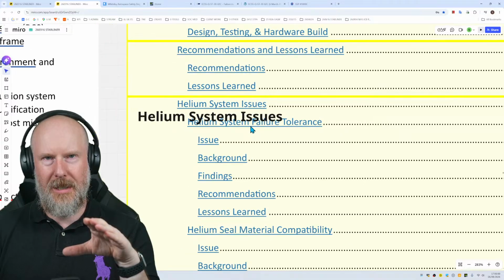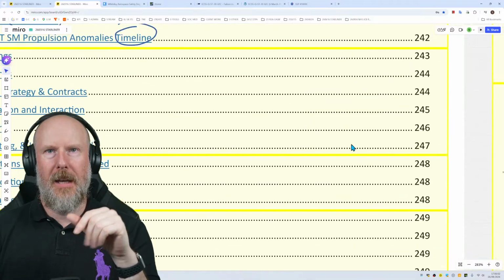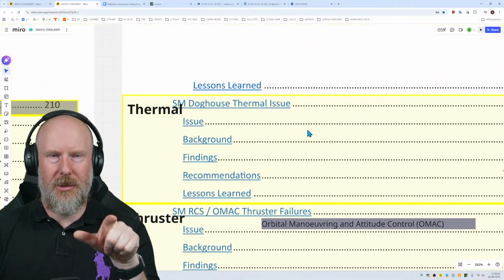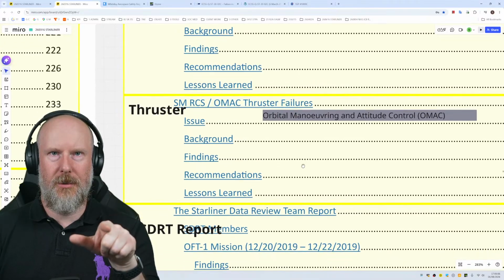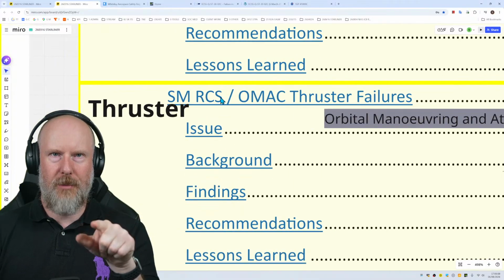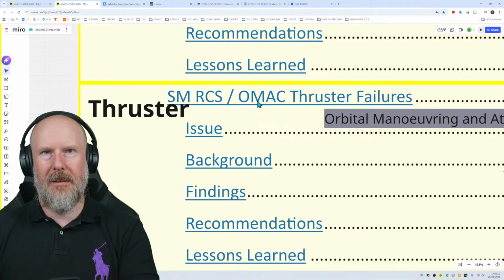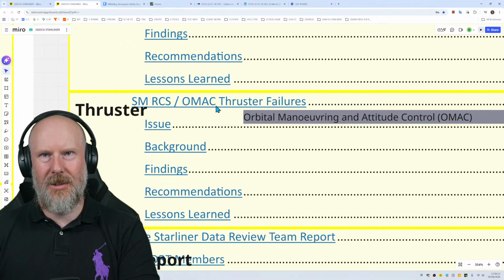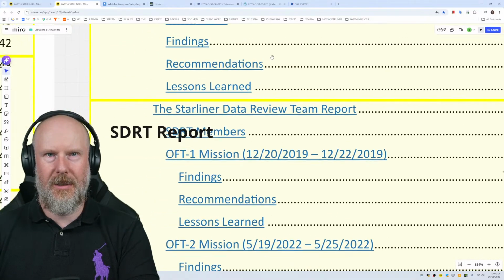So we've got the helium system issues, and then the thermal issues, the thruster issues. So this is the service module reaction control system and the orbital maneuvering and attitude control thruster failures.